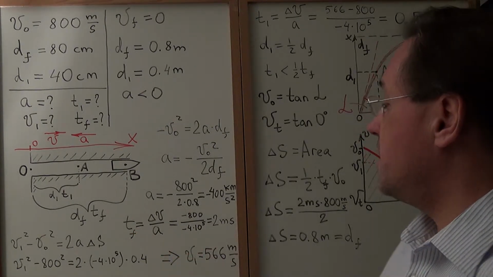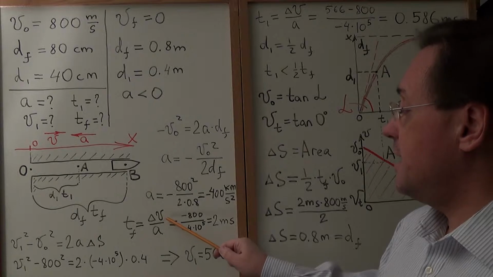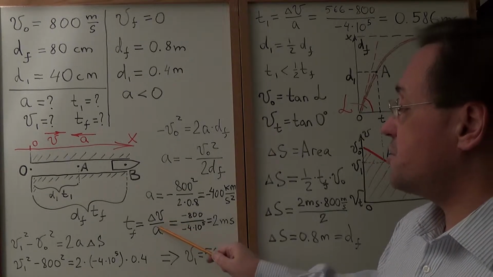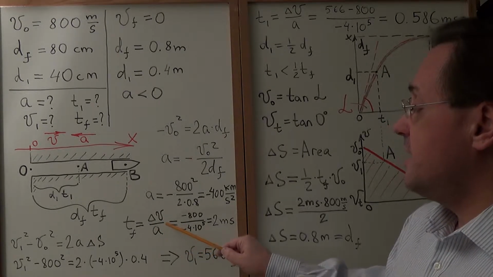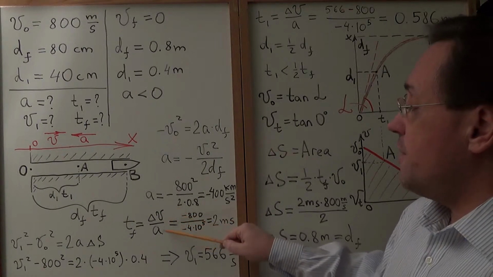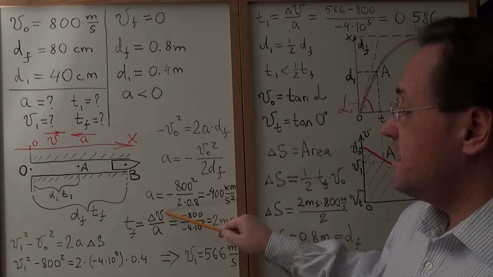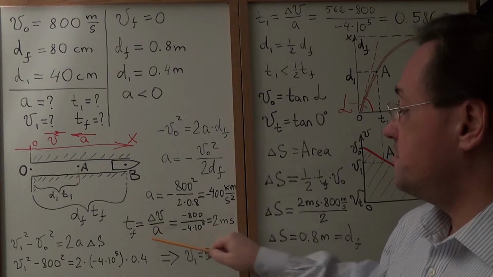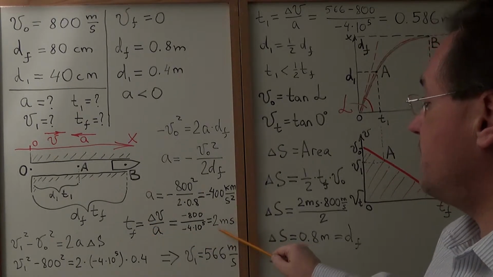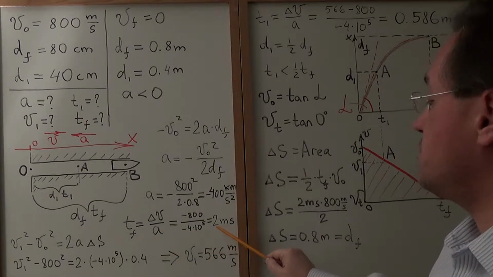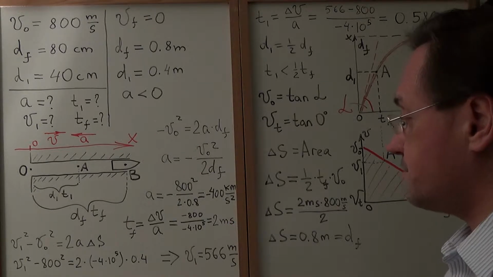The total time, we use the standard formula where by definition acceleration is the ratio of change of speed and change of time. Here we have our total time is 2 milliseconds.